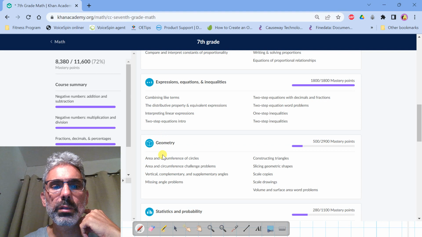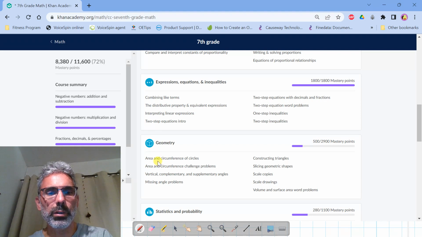The next unit is geometry, and we are going to learn about the area and circumference of circles, and vertical, complementary, and supplementary angles, missing angle problems, constructing triangles, slicing geometric shapes, scale copies, scale drawings, volume and surface area, word problems.